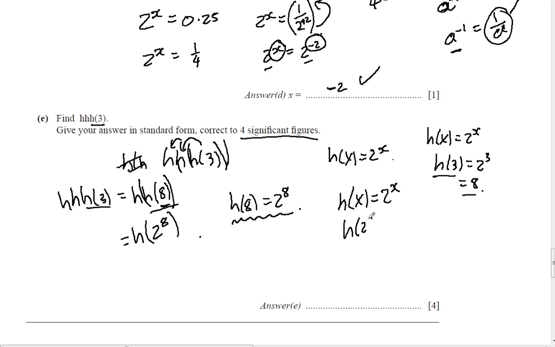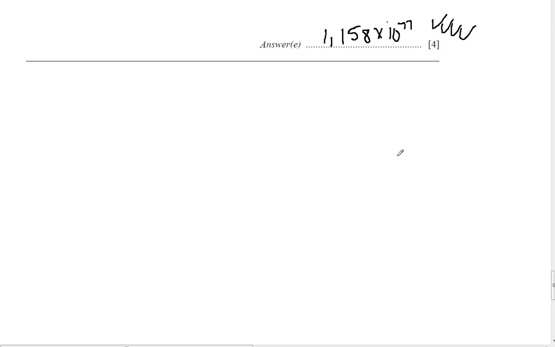So h of 2 to the 8 is 2 to the power of 2 to the 8, which to 4 significant figures is 1.158 times 10 to the 77. I just wanted to check, I don't want to get this wrong for you guys. And that's it.